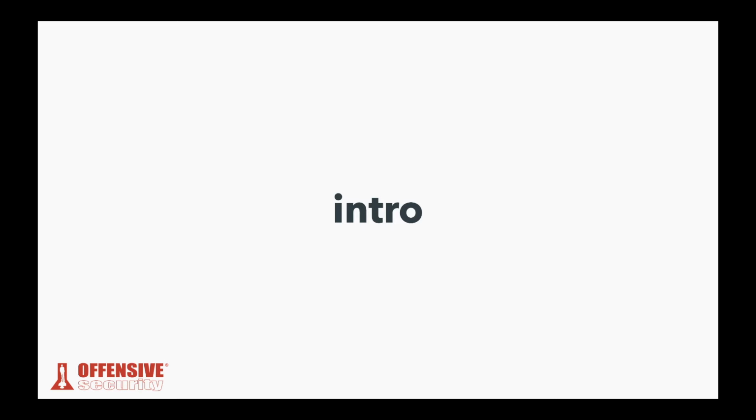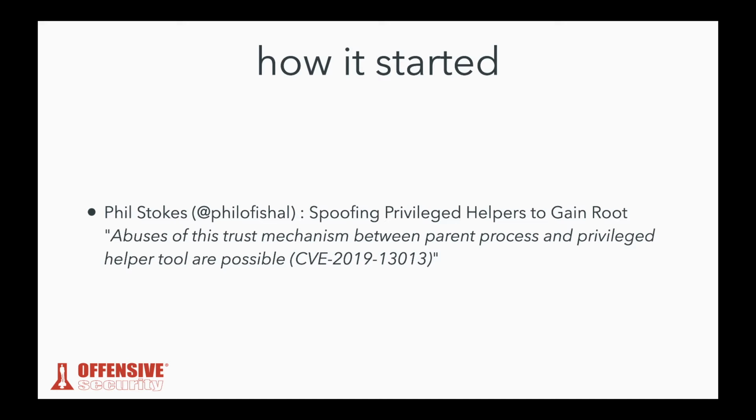So just a few words about how this entire research or topic started with me, at least. Last year I read an excellent article from Phil Stokes, who is a malware researcher at SentinelOne. His article was about spoofing privilege helpers to gain root. And in the middle of the article, he had a sentence that abuses of this trust mechanism between parent process and privilege helper tool are possible.